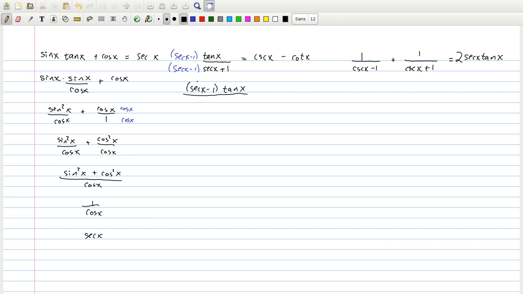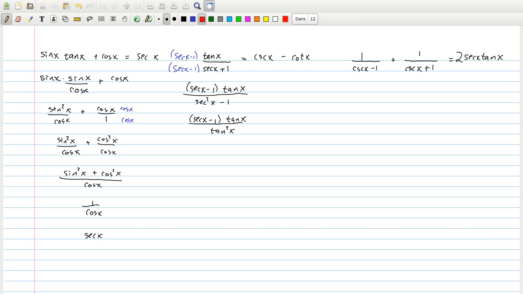Our denominator, if we multiply this out, gives us secant squared x minus 1. Now by our Pythagorean identities, secant squared x minus 1 is the same as tangent squared x. So we can rewrite this as secant x minus 1 times tangent x over tangent squared x.